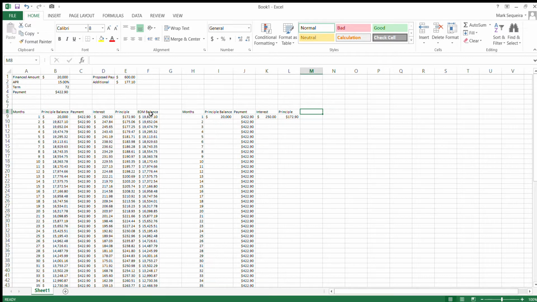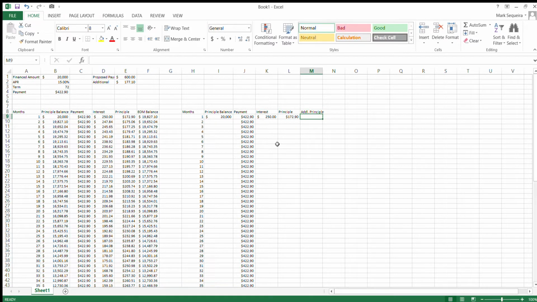Now, you'll notice I didn't put the end of month balance part, and that's because I want to insert a portion that basically says your additional principal.